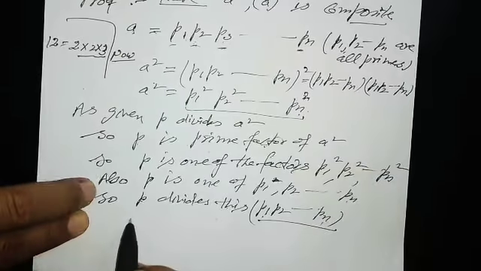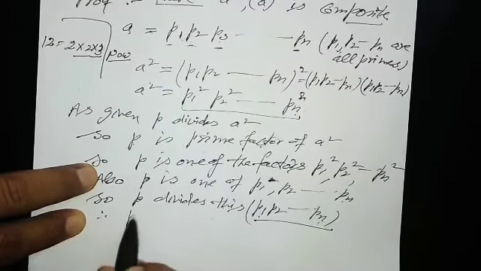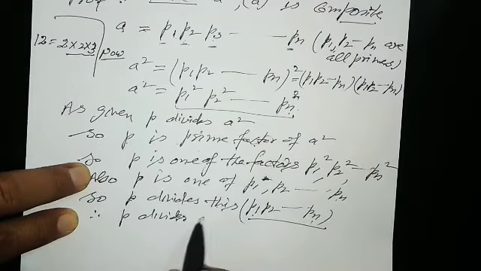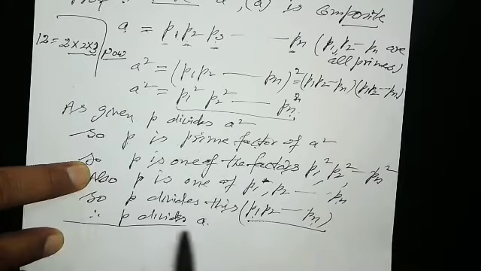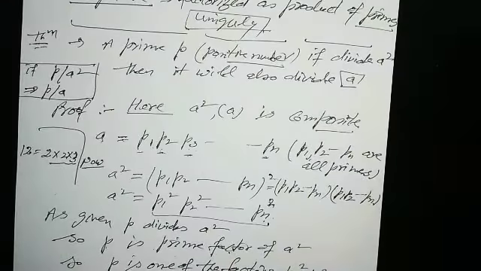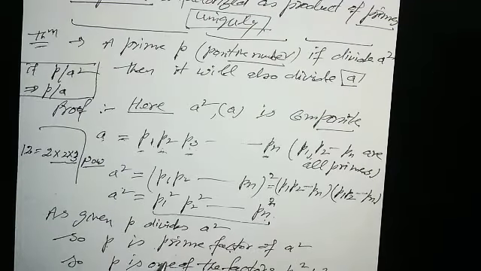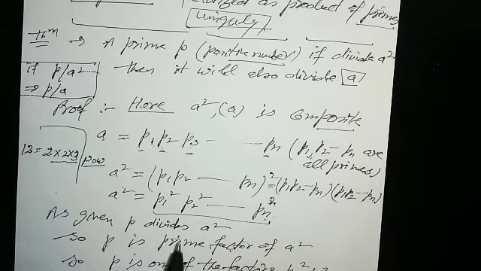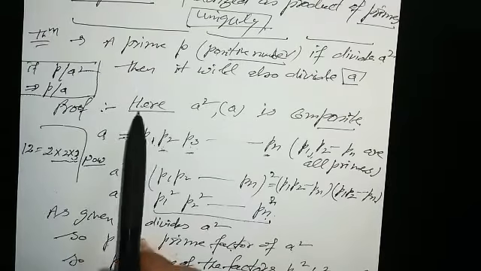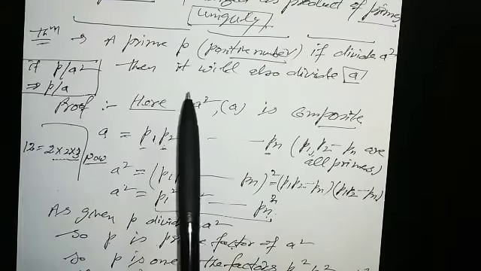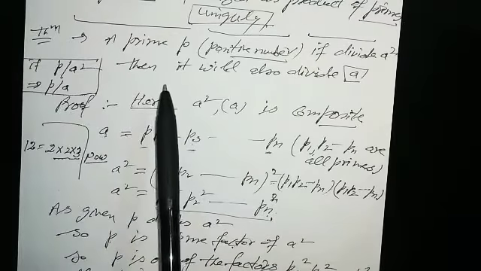So therefore p divides a. Application of this property will be used to prove that a particular given number is irrational. The property is clear. If p is a prime number which divides a square, then p will also divide a.